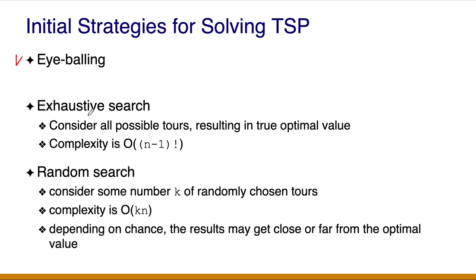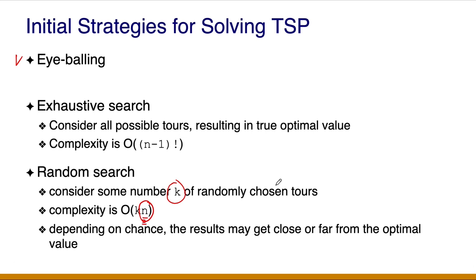Random search is the method that simply says you generate a random solution, and then for each and every solution, you check how good it is. This is the reason why you have n over here, because in total you have k randomly generated tours. You have to spend n effort to calculate the real cost involved for that particular tour.